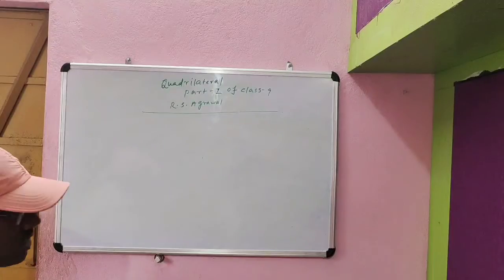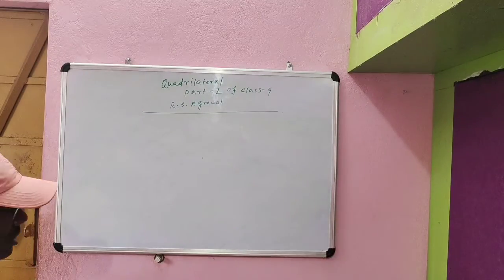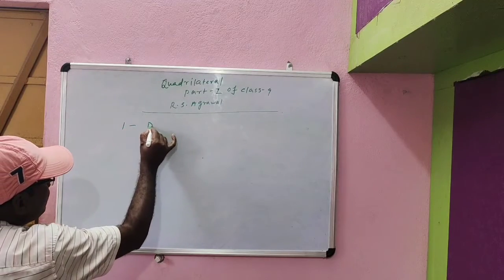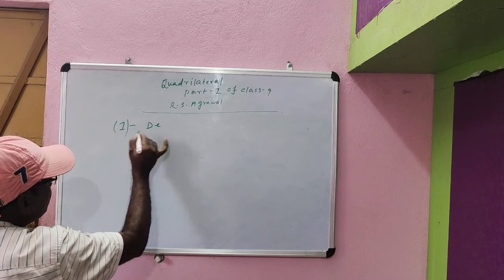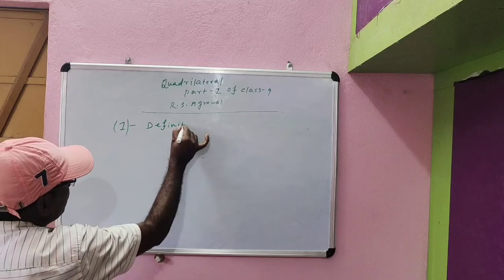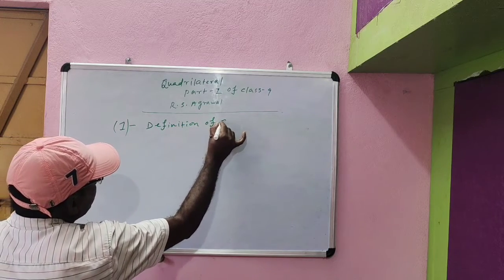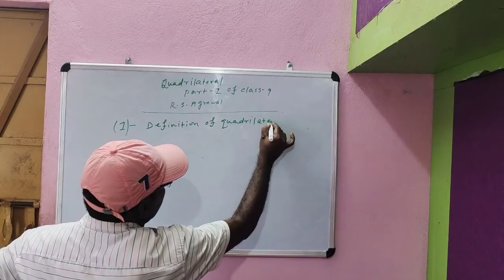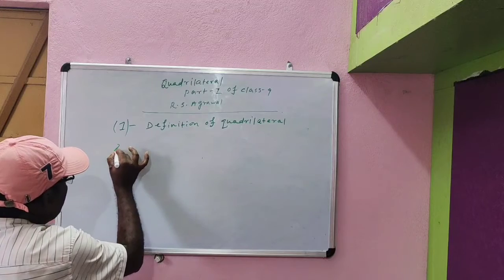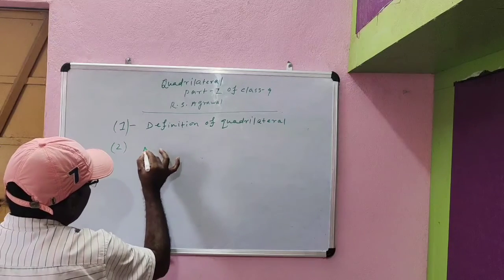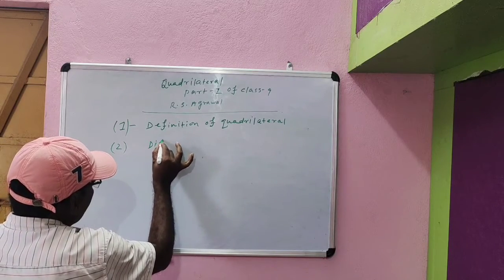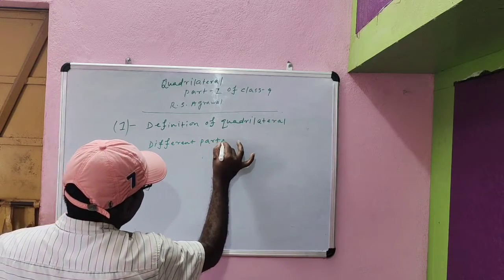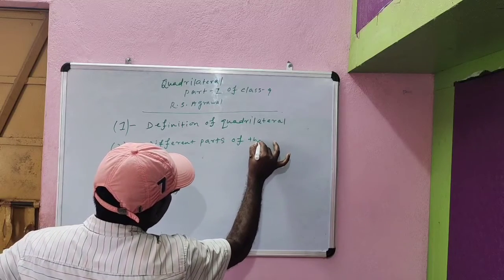In the previous class, we discussed only two things. Number 1, the definition of quadrilateral, and number 2, the different parts of the quadrilateral.